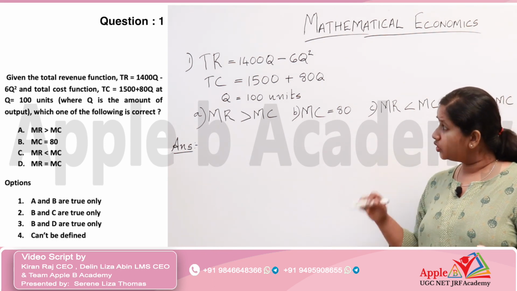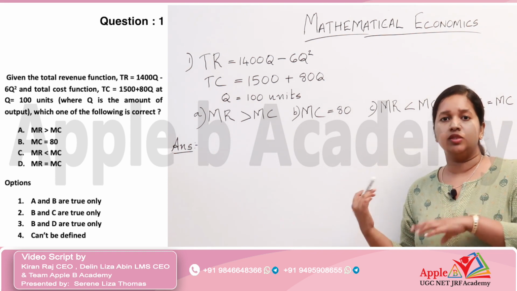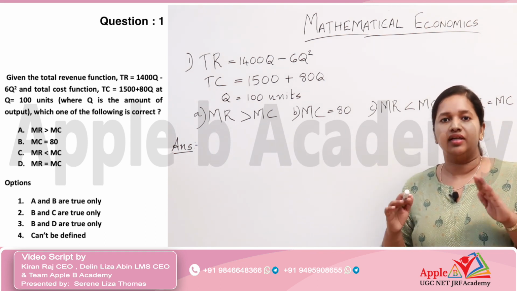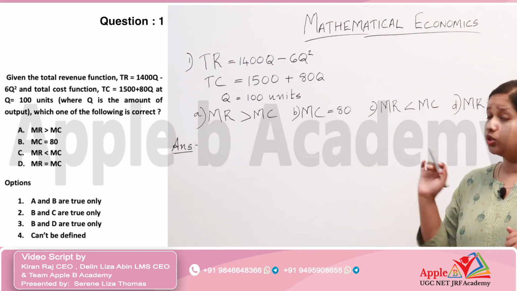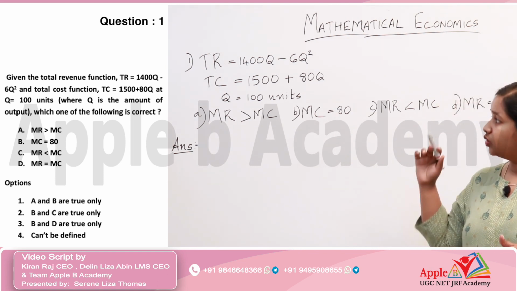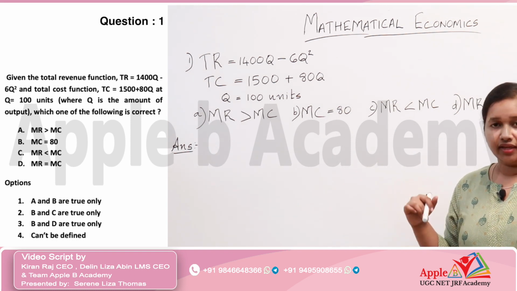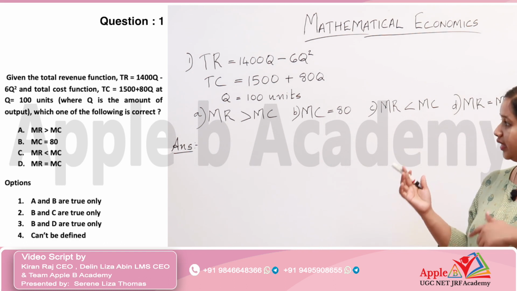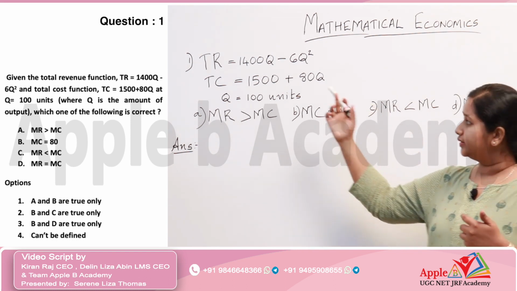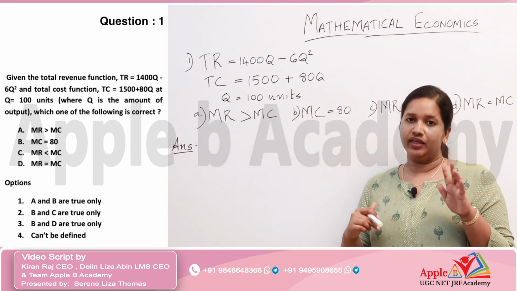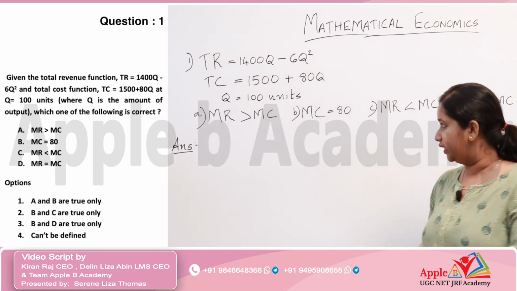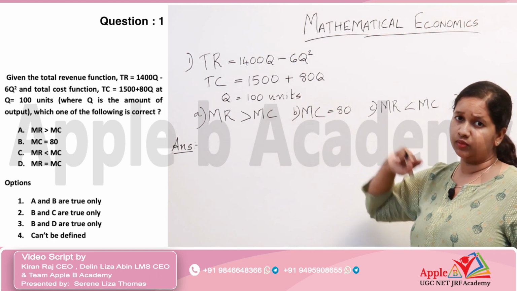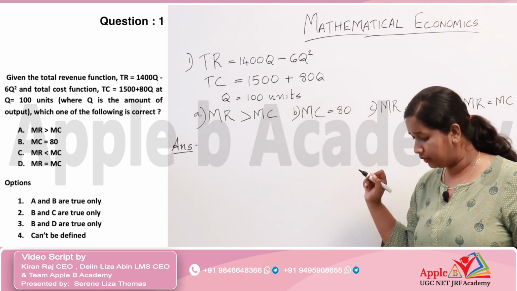In order to see which of these options are correct, we need to find the value of MR and MC. The total revenue function is given, so now you can find marginal revenue. We know that differentiating the total revenue we get marginal revenue, and differentiating the total cost we get marginal cost. So we have total revenue equal to 1400q minus 6q square.